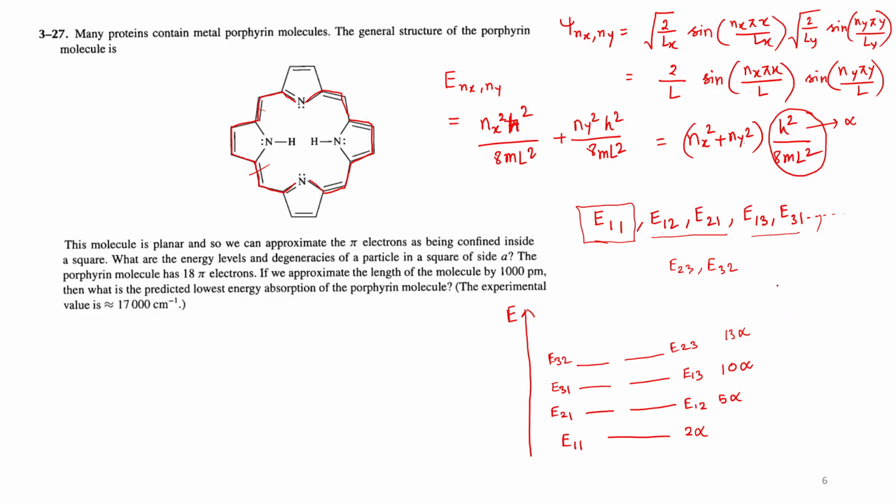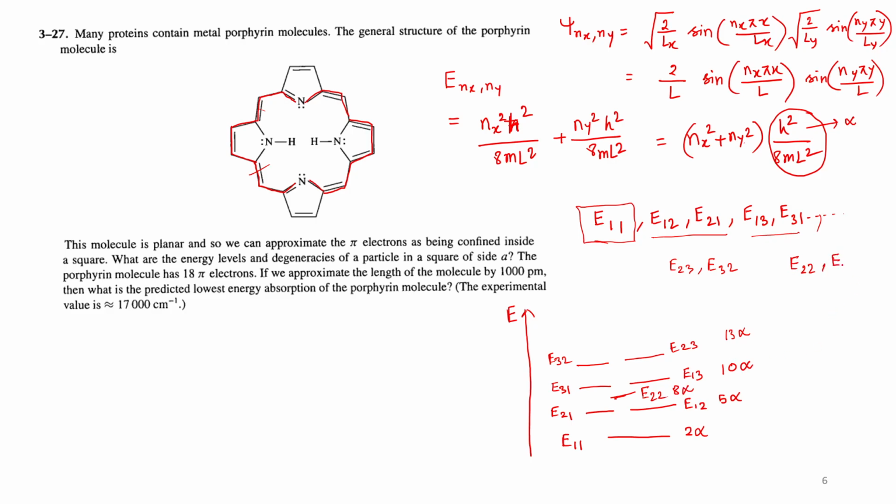But we forgot to write E22, which has a degeneracy of 1, and the energy is 2 square plus 2 square, which is 4 plus 4, 8 alpha. So it will come somewhere between E21 and E13. We can't forget this.